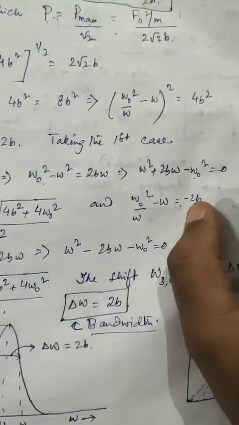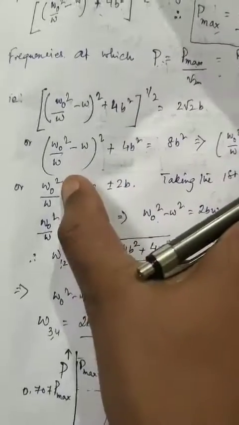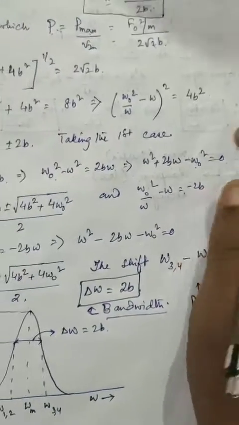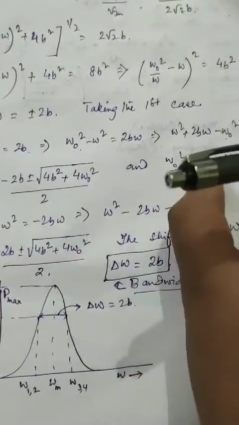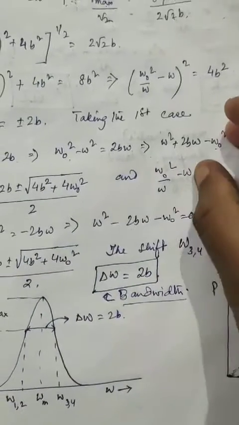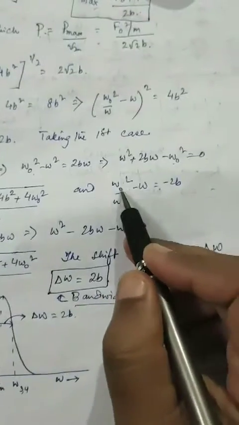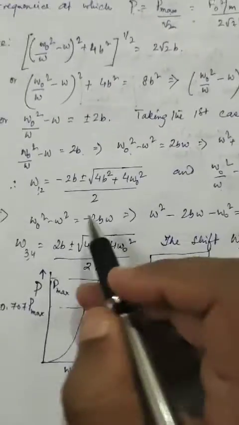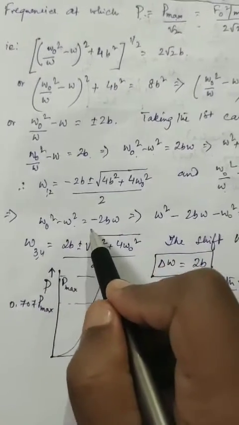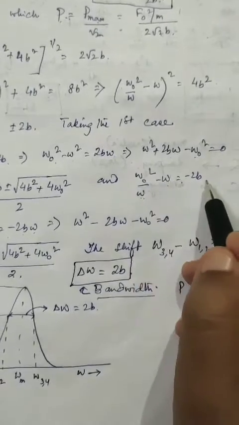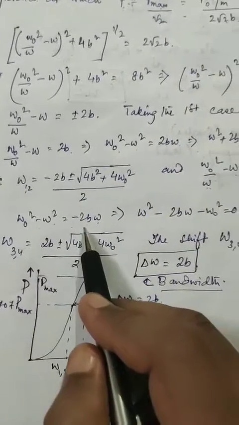Next I take minus 2b, that is omega naught square by omega minus omega is equal to minus 2b. Again rearranging the terms, omega naught square minus omega square is equal to minus 2b omega.